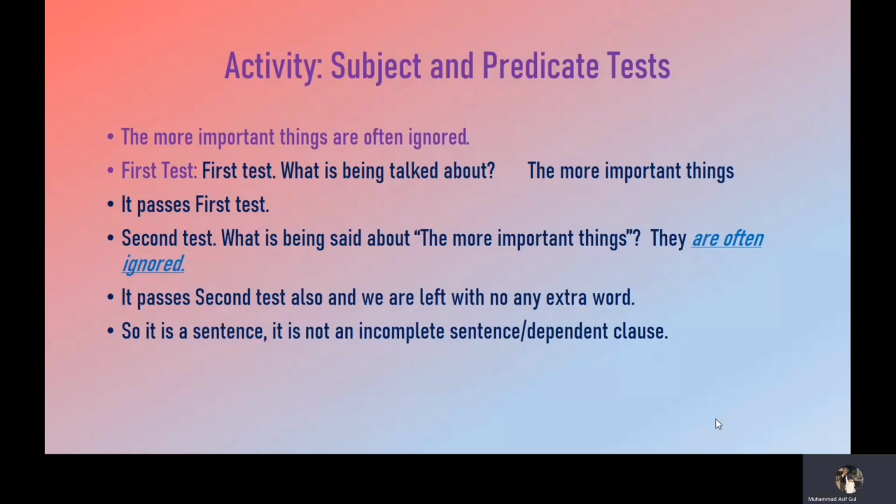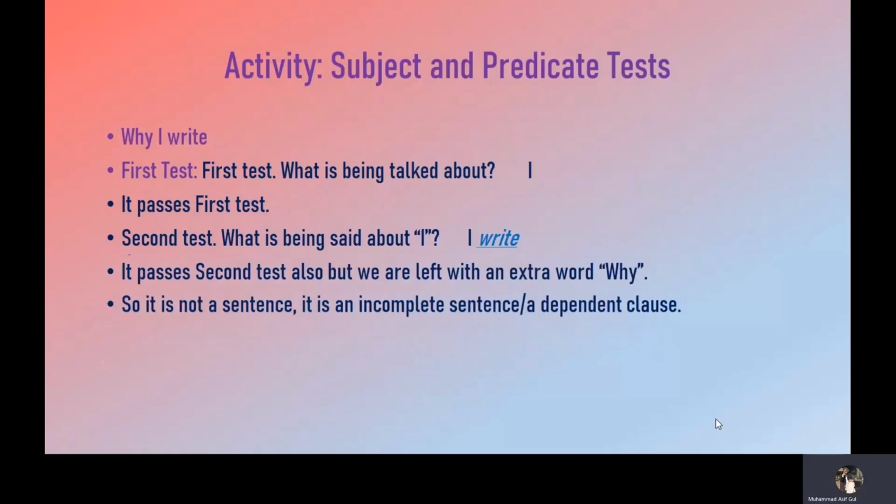Let's apply this test on another title. Here we have the title of a book, Why I Write. So let's apply the first test on it. What is being talked about? We have the answer, I. It passes the first test. Let's apply the second test. What is being said about I? Write.